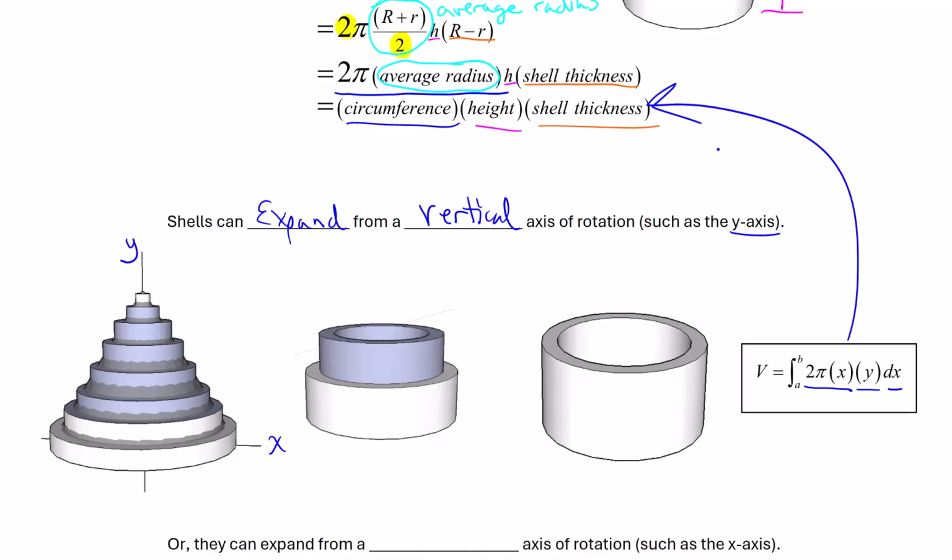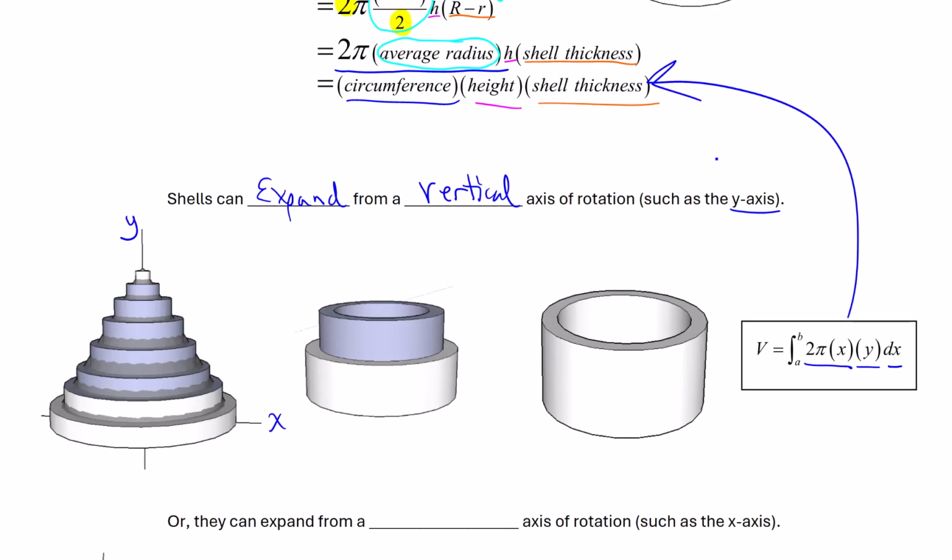Well, that's exactly how we can put this all together, 2 pi xy. And then if indeed you have these cylindrical shells that are expanding vertically, of course in that case your thickness would be a dx, a horizontal thickness, because it's extending in a horizontal direction, and that's why this version of the formula has a dx for the thickness of the shell.